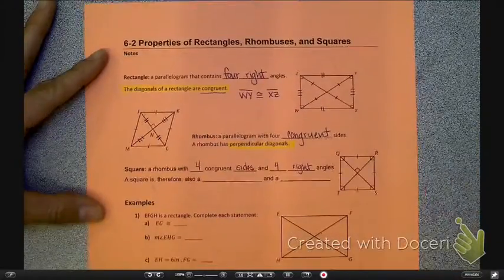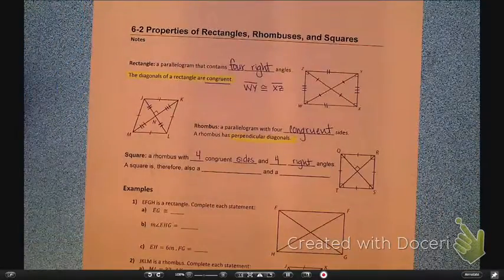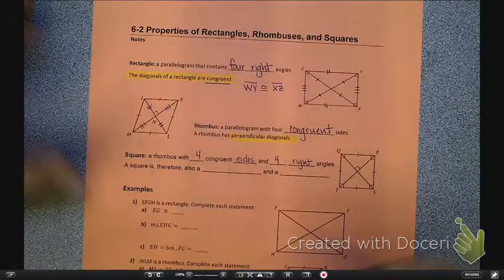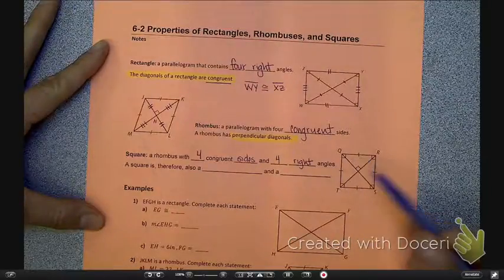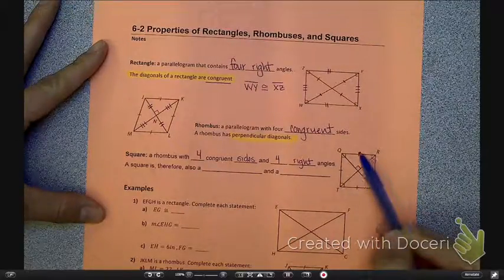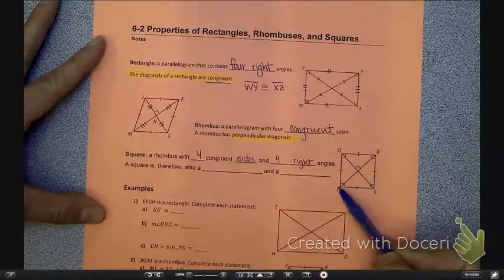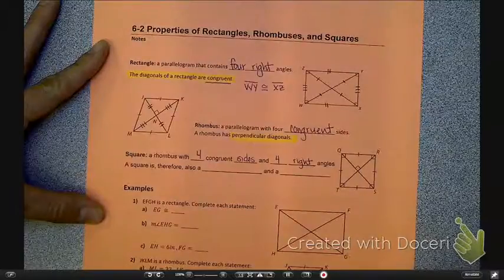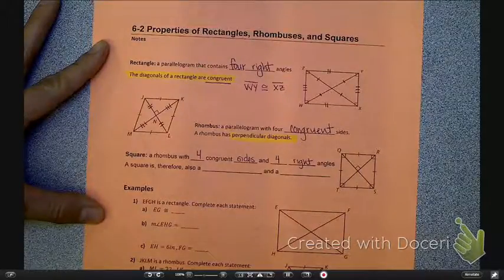So a square is a parallelogram, a rectangle, and a rhombus, and the most specific name is square. All the sides are congruent and all the angles are right angles. Because of that, it has properties from all of those shapes.